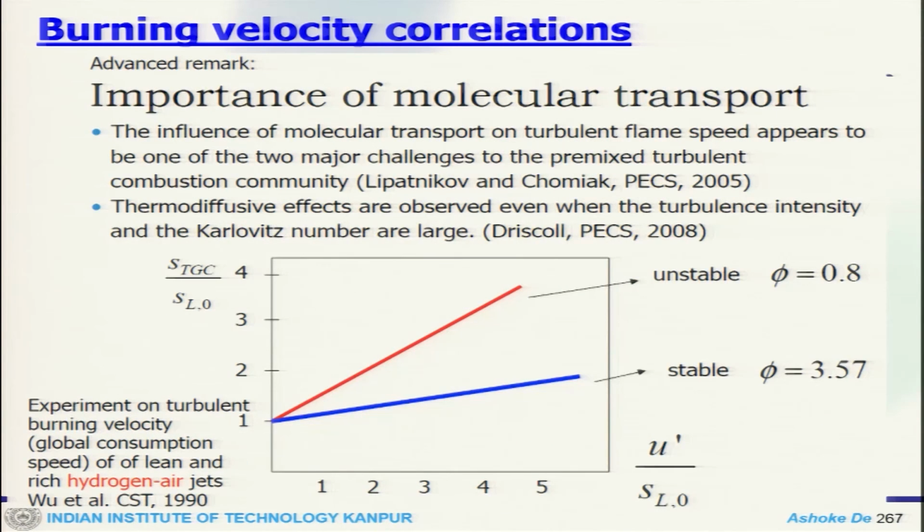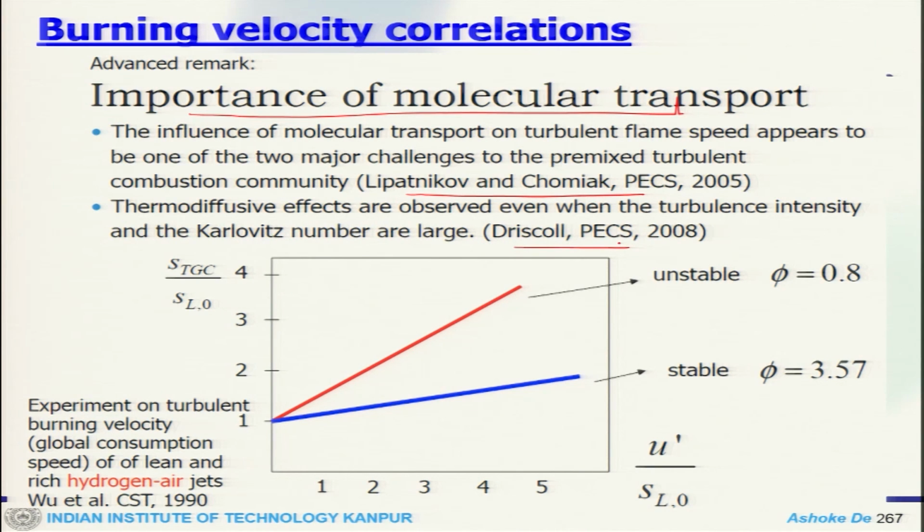Now a slightly more advanced remark is the importance of molecular transport, which says that the influence of molecular transport on turbulent flame speed appears to be one of the two major challenges to the premixed turbulent combustion community. Again, these things are discussed in detail in the review paper in Progress in Energy and Combustion Science in 2005, and thermodiffusive effects are observed even when the turbulent intensity and Karlovitz numbers are large.